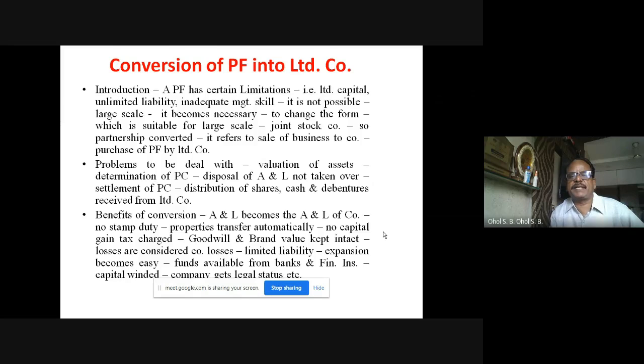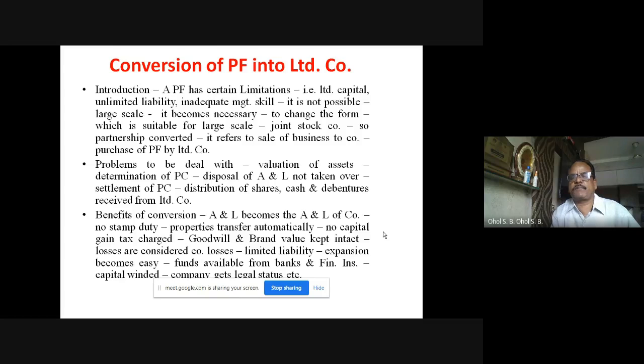Some of the important benefits or advantages of conversion of a partnership firm into a limited company are, first, assets and liabilities become the assets and liabilities of the company. Whatever the assets and liabilities of the partnership firm are, they become the assets and liabilities of the company, so automatically this process is completed. Second, no stamp duty is required.